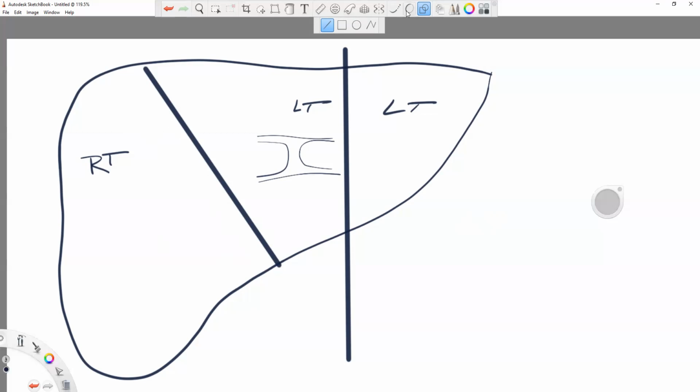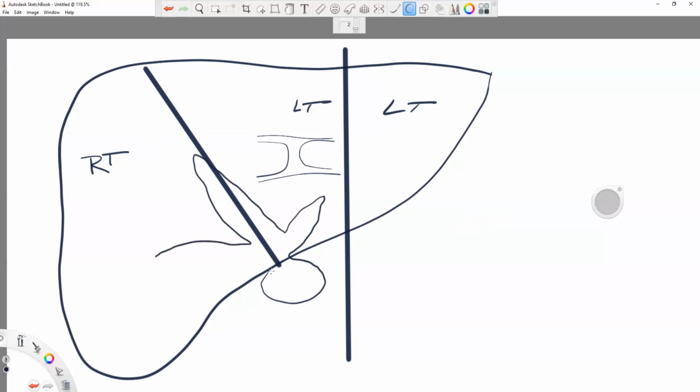That corresponds, of course, with the IVC. The middle hepatic vein. Now, this is an ultrasound perspective.